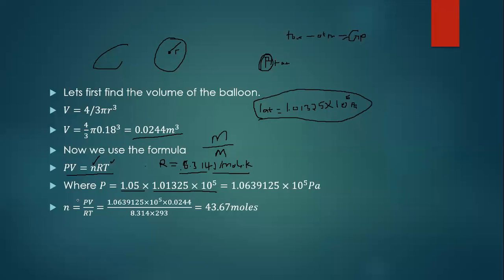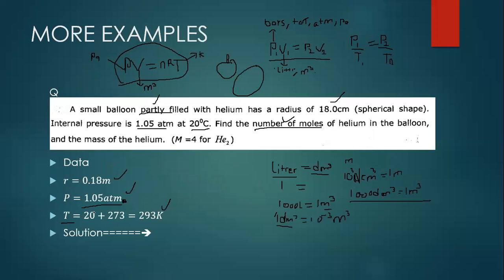So that when we are calculating for the number of moles, we make N the subject of the formula, we have PV over RT. We know our P, pressure, we know our volume, we know our R, and we know our temperature. Remember our temperature? We did 20 plus 273 to give us this value.